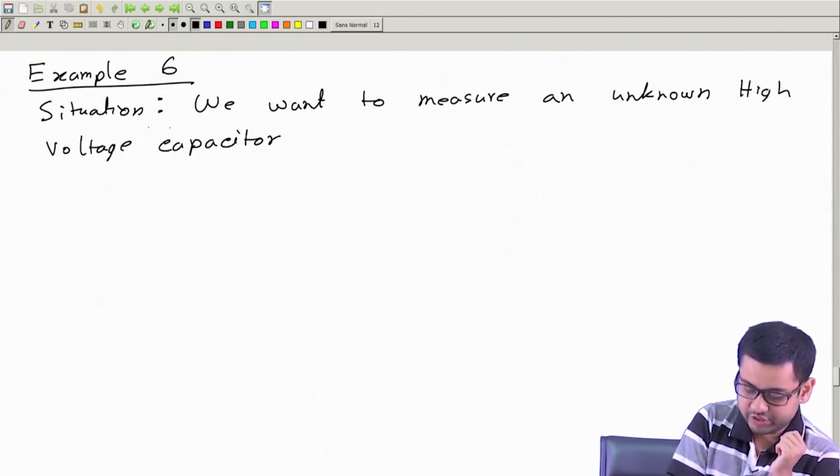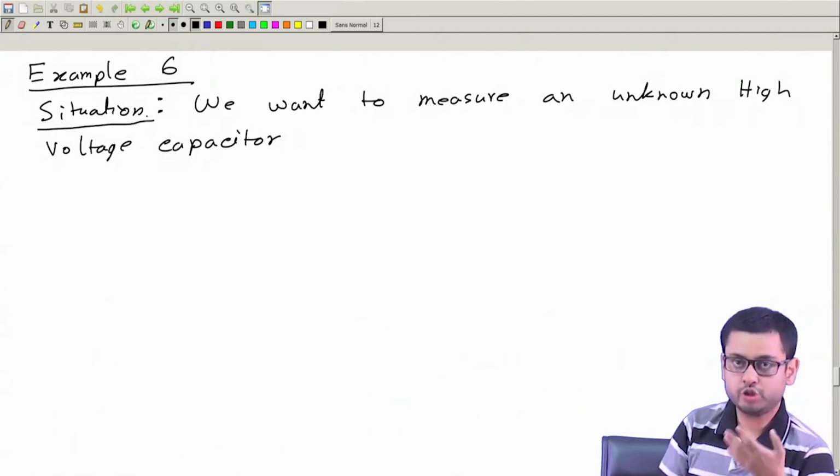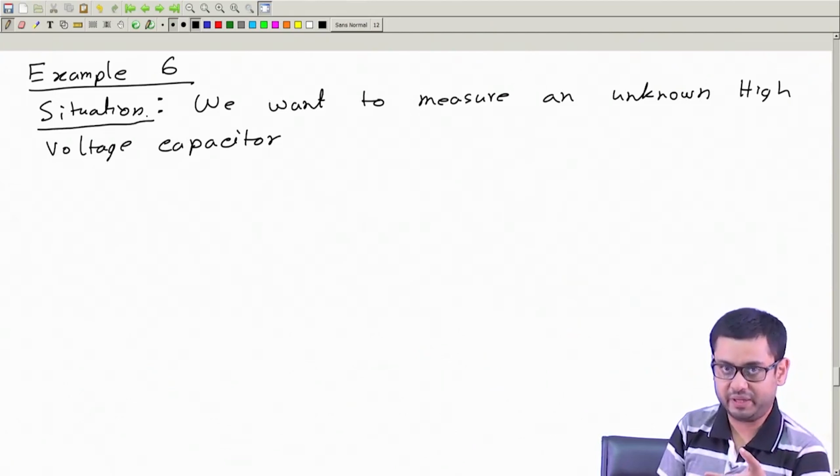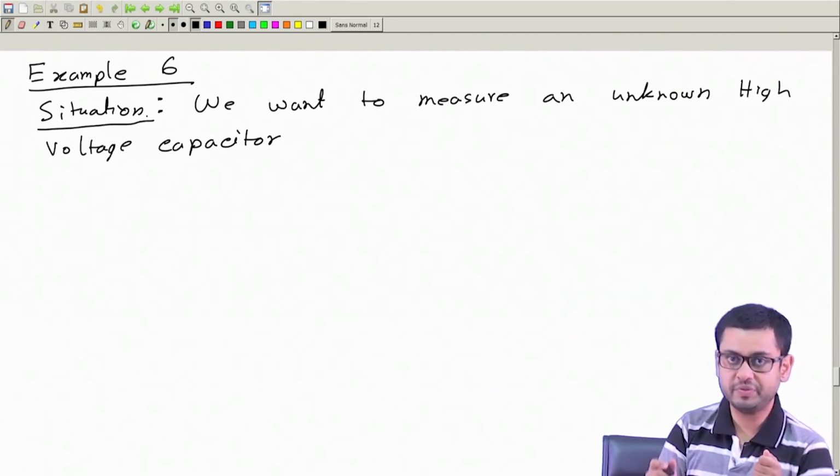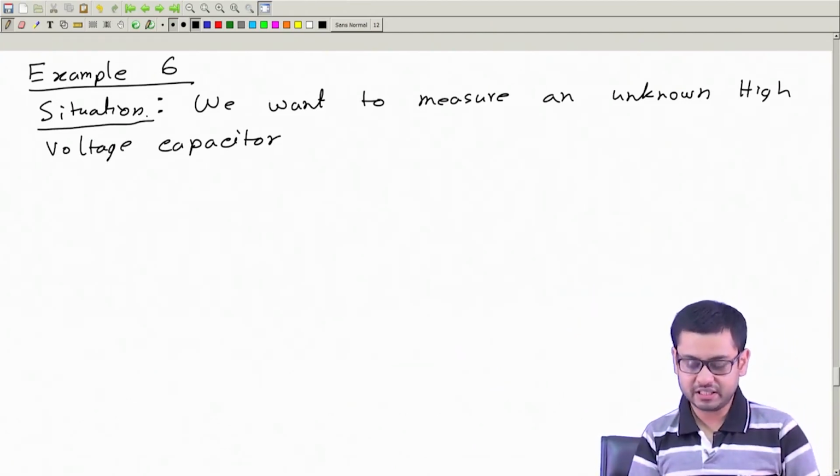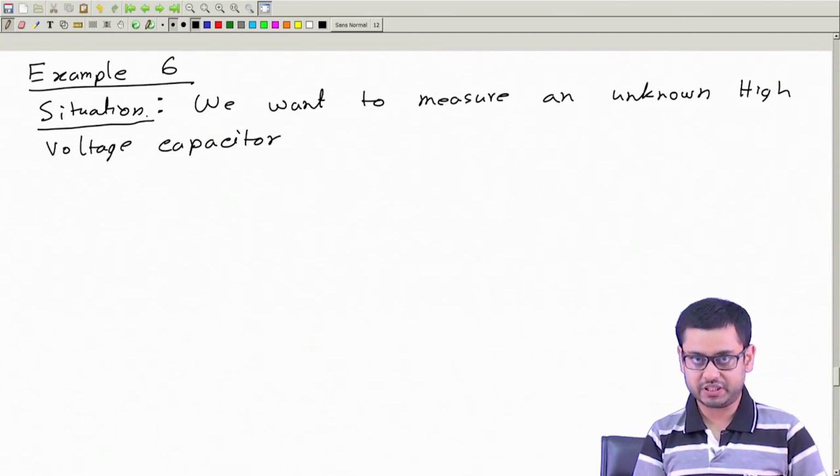So, a capacitor which is meant to be used in some high voltage application. So, some high voltage will be applied across this capacitor and it will work under that situation.